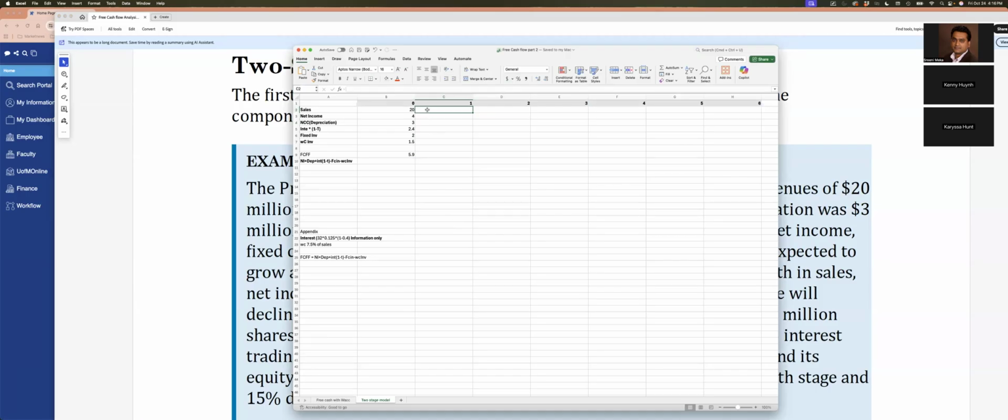Sales also grows 10%. That's what he said, right? So this times 1.1, right? That's what they said, 10%. And next year 1.10, 1.11. This is the growth at 10%, right?